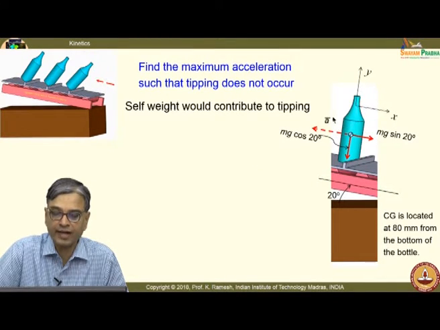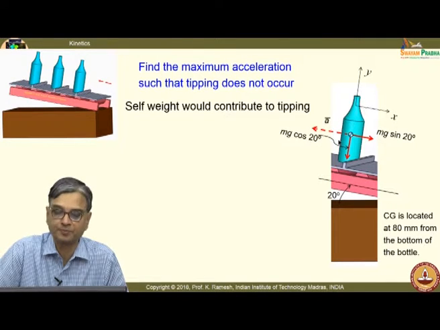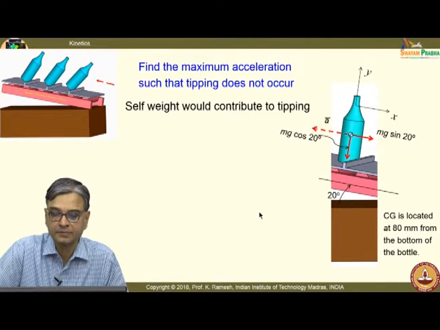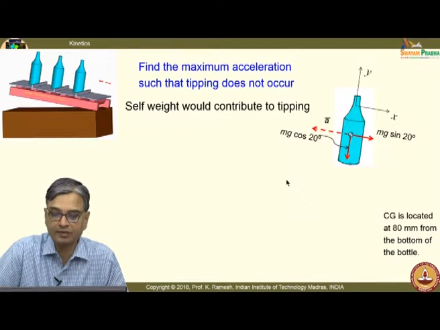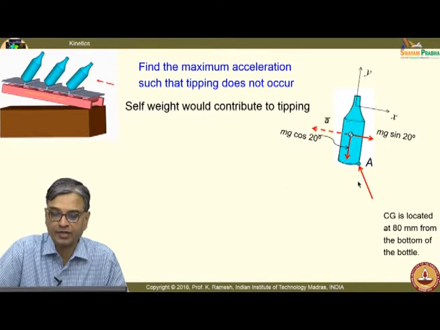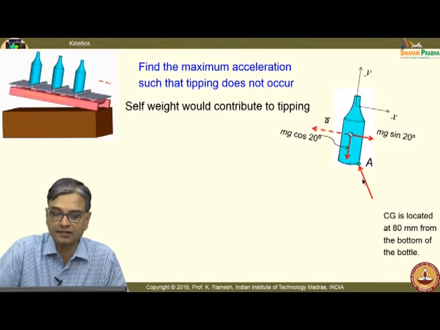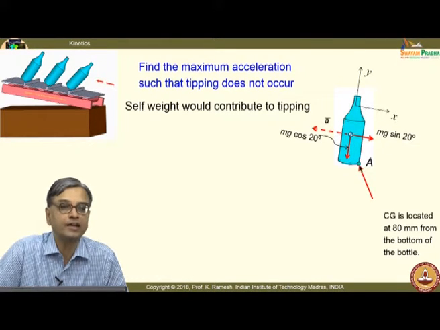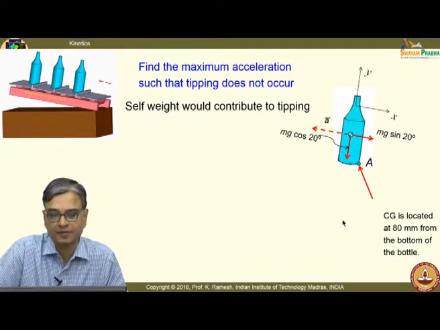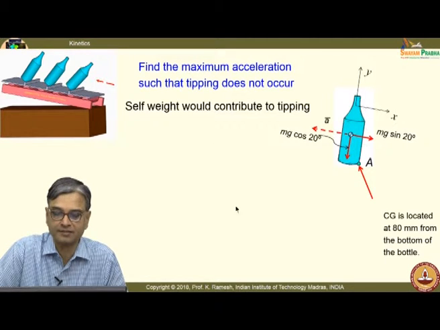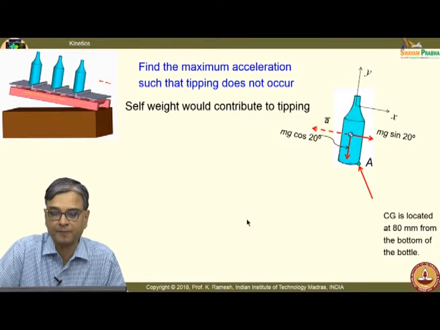And you also have the acceleration of the mass point, and this is where you have to investigate for tipping to be prevented. The resultant force should be within the bottle. So, the limiting case is you put it at the edge. We have already seen that it is going to tip like this, that is what we are anticipating.